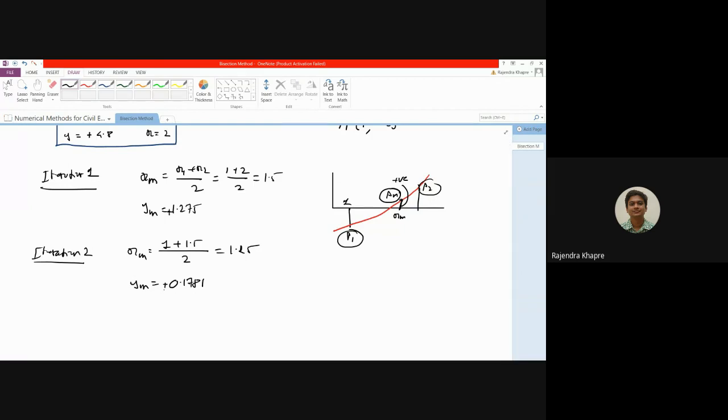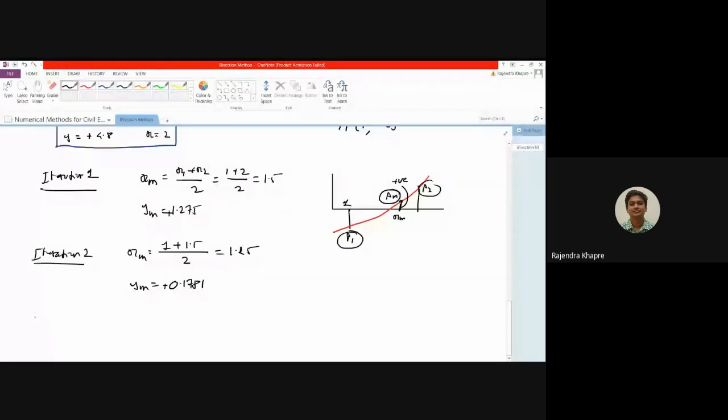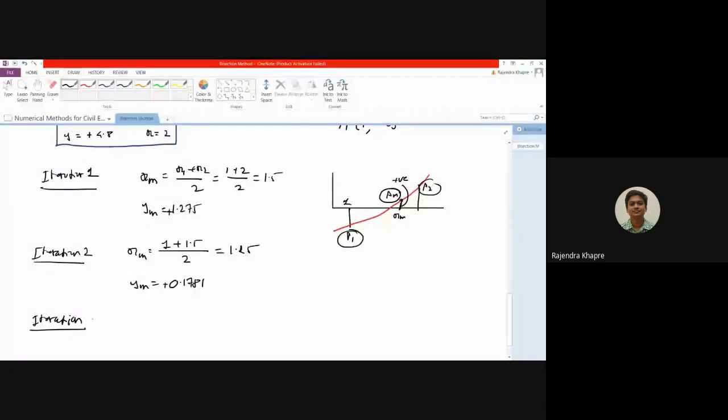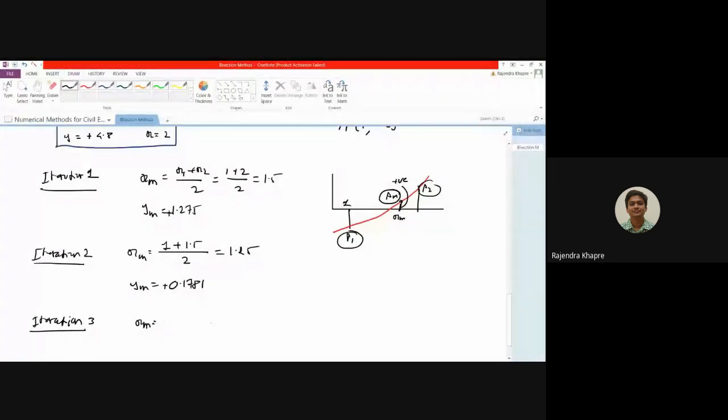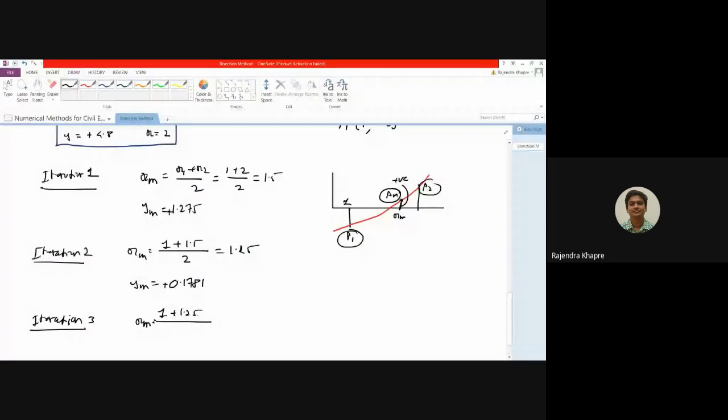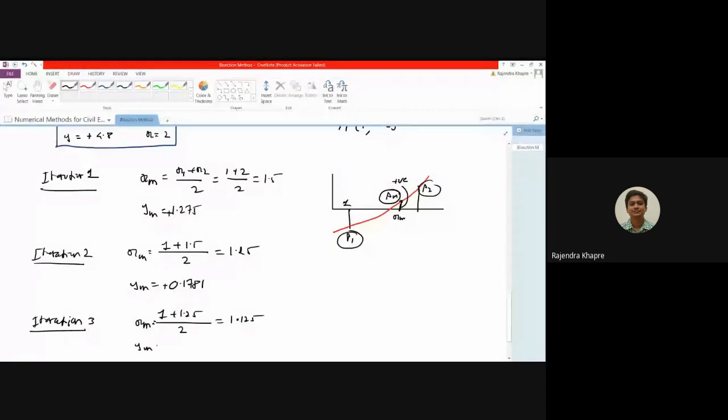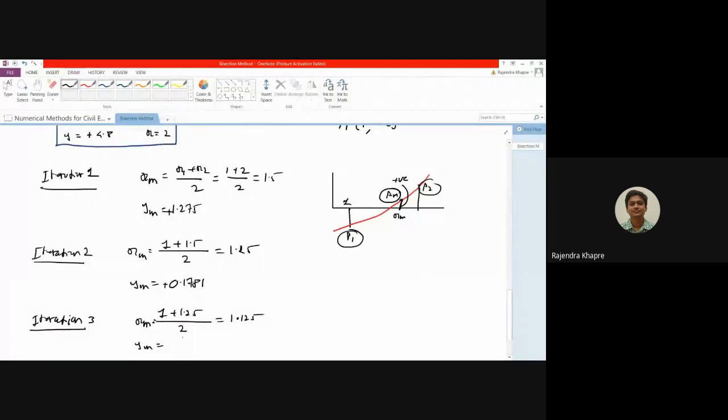For the third iteration, iteration 3, xm will be one more time 1 plus 1.25 divided by 2. So I think it is 1.125, I suppose. Yes. Can you please tell me what will be the value of ym then?